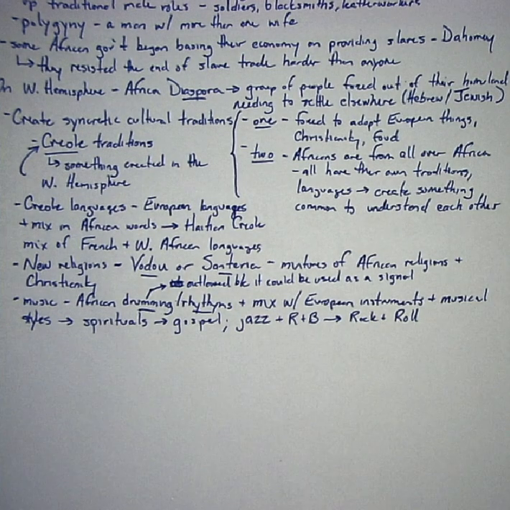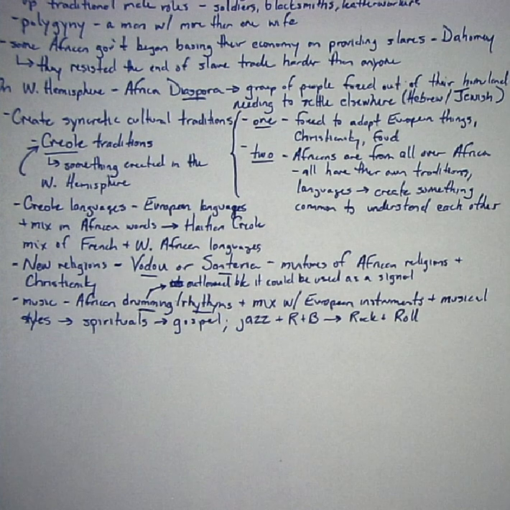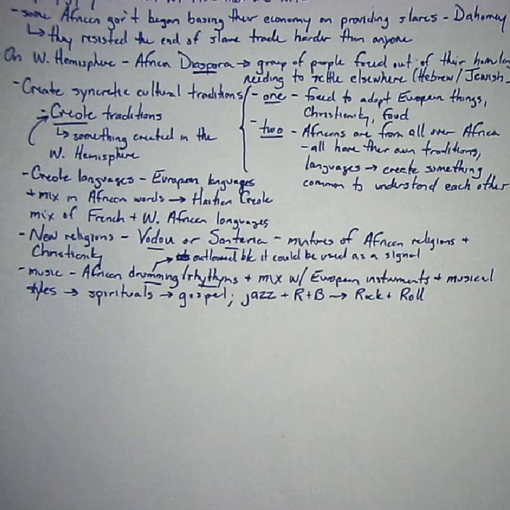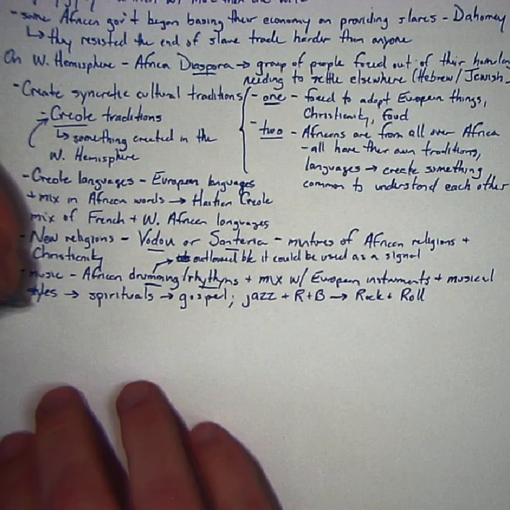Like, you may not be able to understand each other, but if you hear a certain rhythm, you might know that that is the time to rebel or to sabotage something. So drumming was attempted to be outlawed. They tried to outlaw it, but you really can't stop people from drumming on things. It's kind of infeasible, so you can't really do that.